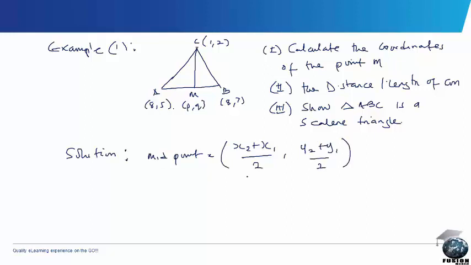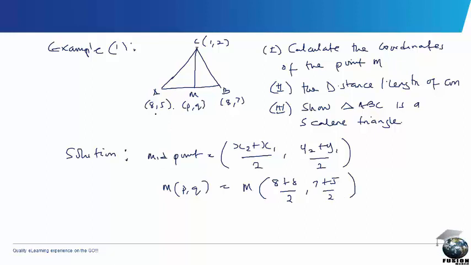So for the coordinates of M, we have x2 and x1 being the points on the opposite coordinates, and then we'll have 8 plus 8 all over 2 for the x, and then 7 plus 5 all over 2 for y.